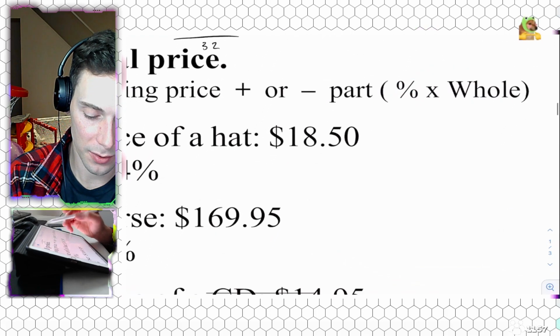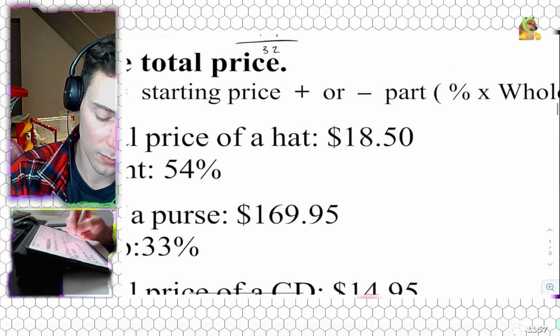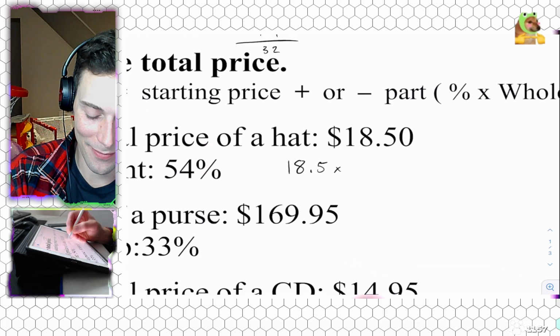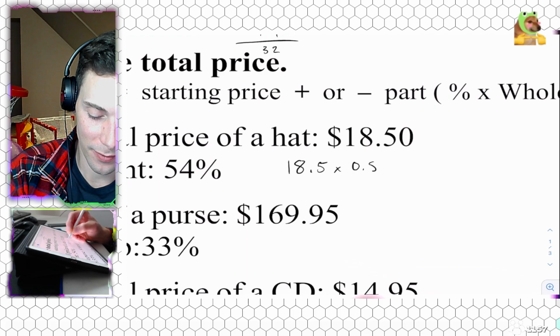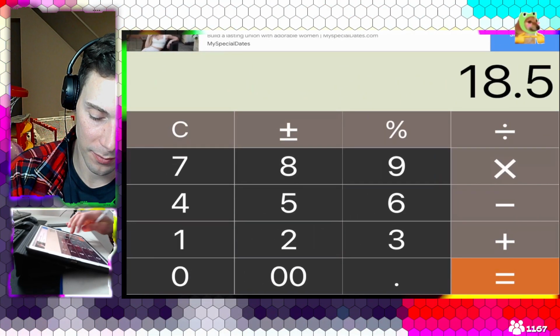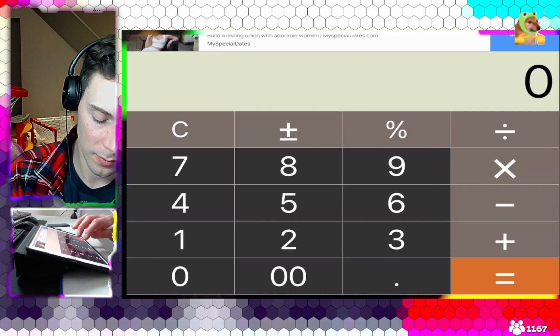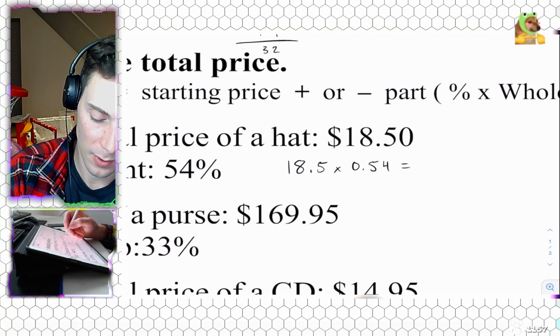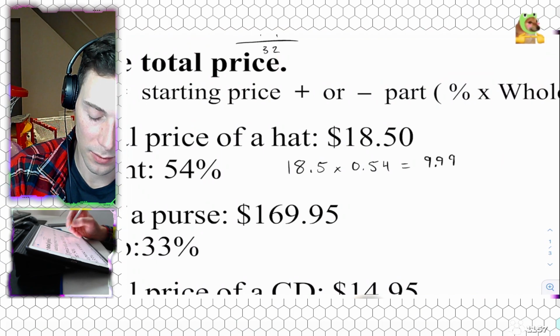So let's work through this. 18.5 multiplied by 0.54 will be equal to 18.5 multiplied by 54, 9.99. Nice. 9.99.